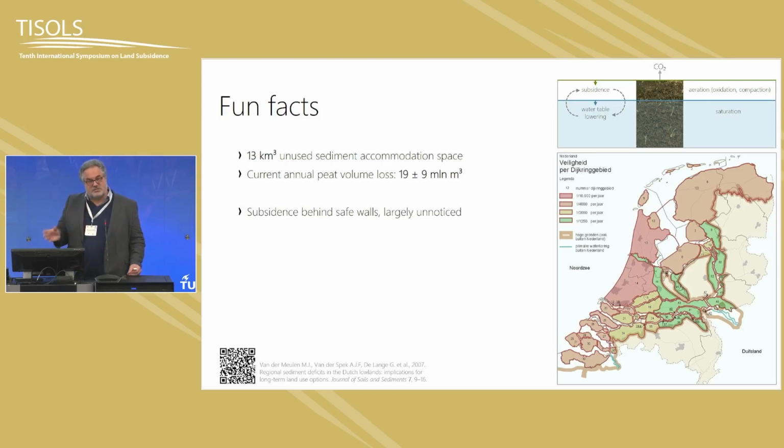If you take a geologist's point of view, then you would consider this a sterilized sedimentary environment, because keeping water out implies keeping sediment out. And actually, Gilles told us that we have been creating these rings for 1,000 years now and maintaining them. And there is 13 cubic kilometers of unused accommodation space for sediment that never made it to our lowlands. This is part of the reason why they're so low.